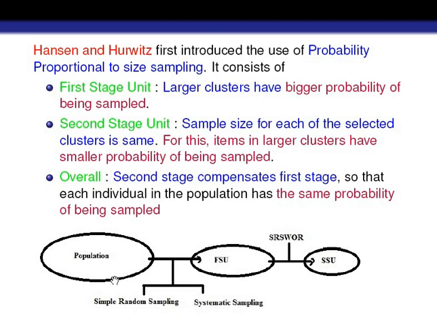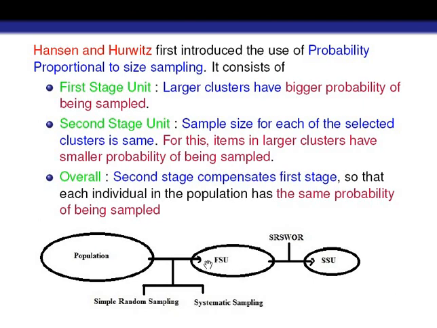In this technique, as I have already said, there are two stages: first the first stage unit, and then the second stage unit. In the previous lectures on cluster sampling we have seen that the population consists of different clusters, and each cluster contains almost every characteristic of the population within it. We draw some clusters from the population as our primary sampling unit, or first stage unit, generally using simple random sampling without replacement.